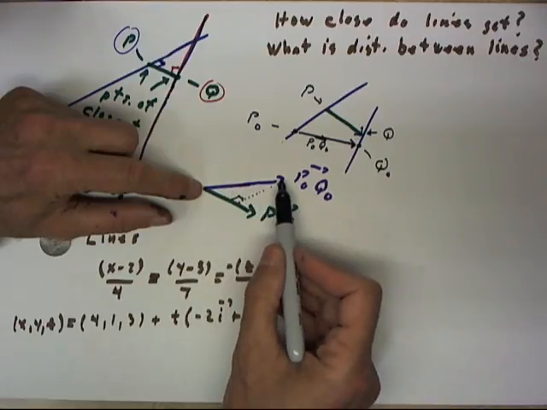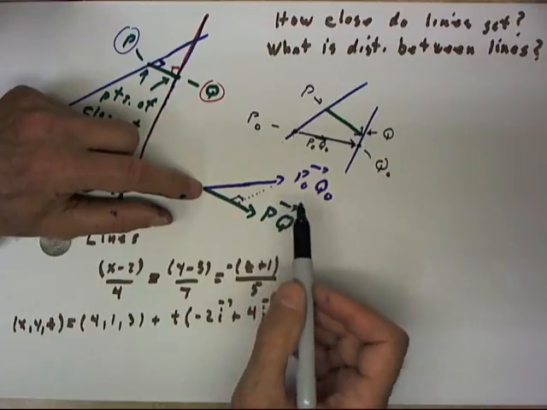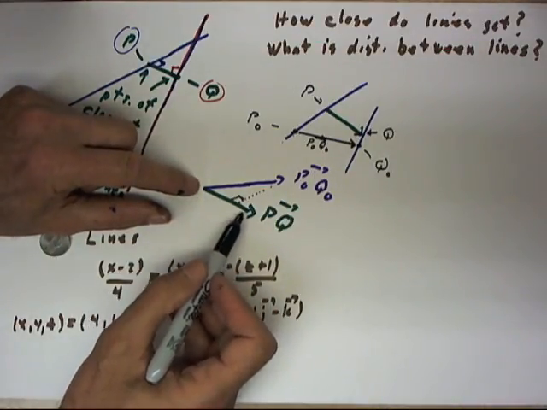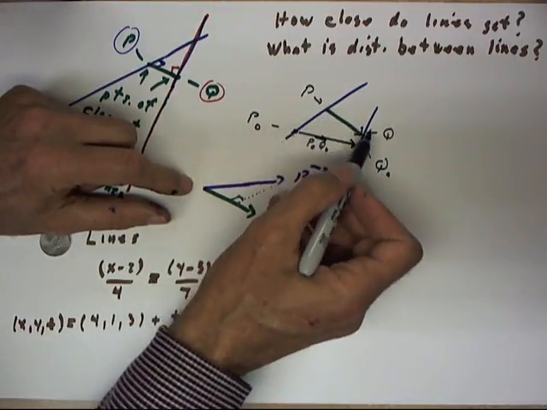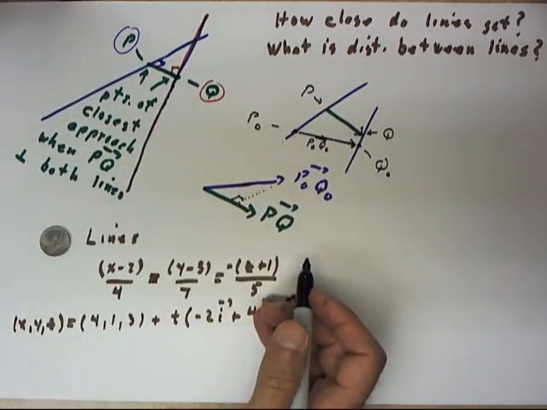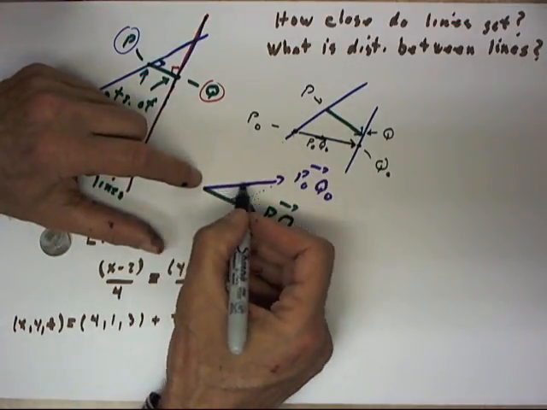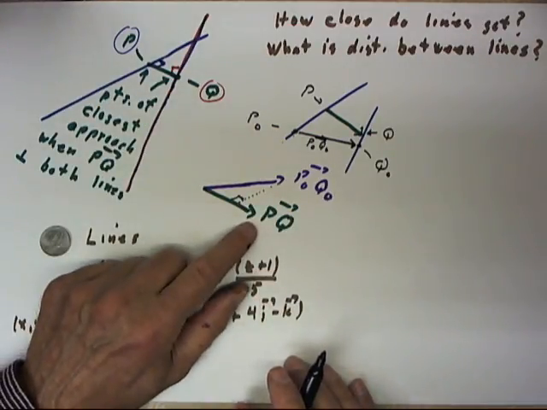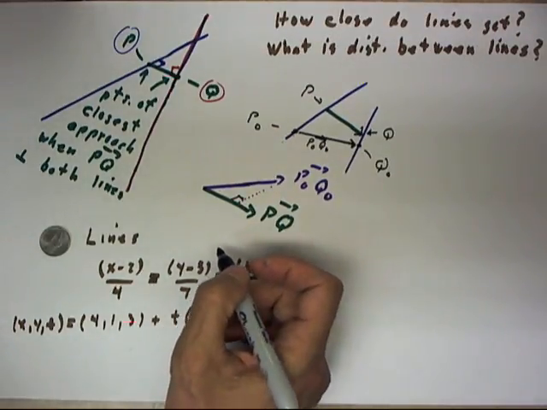Okay, P0Q0 is a vector between 2 points of the two lines, 1 point on each line. PQ is the vector that's perpendicular to both lines and has a magnitude equal to the distance. In any case, if we project the vector P0Q0 onto the vector PQ, then we should get the distance of the vector PQ.